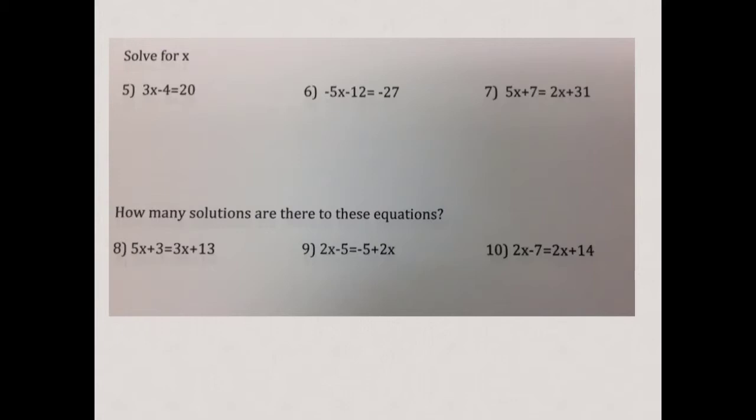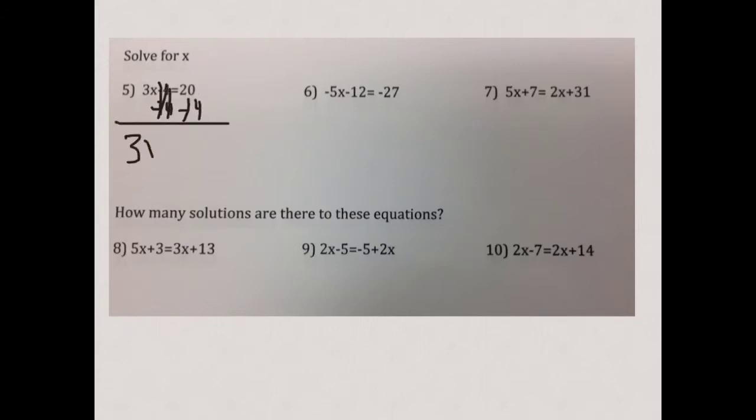Now, right here we need to solve for x. These are one-step, two-step, multi-step equations. For this first one, 3x minus 4 equals 20. How do I get rid of subtracting a 4? What's the opposite of a negative 4? Positive, or add 4. I'll do that to both sides. These cancel out.